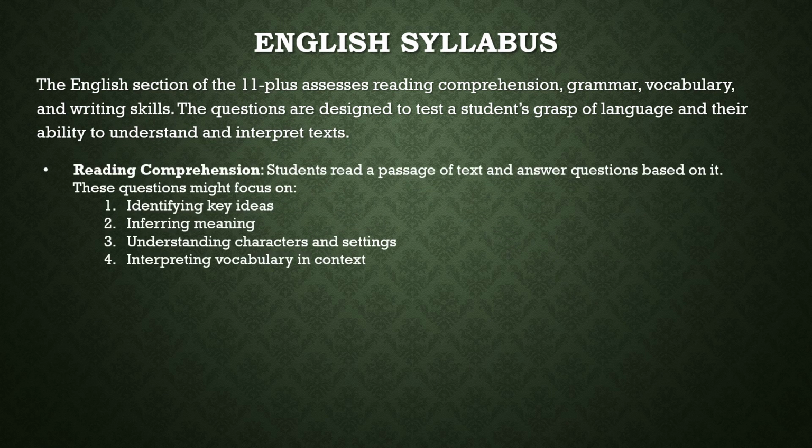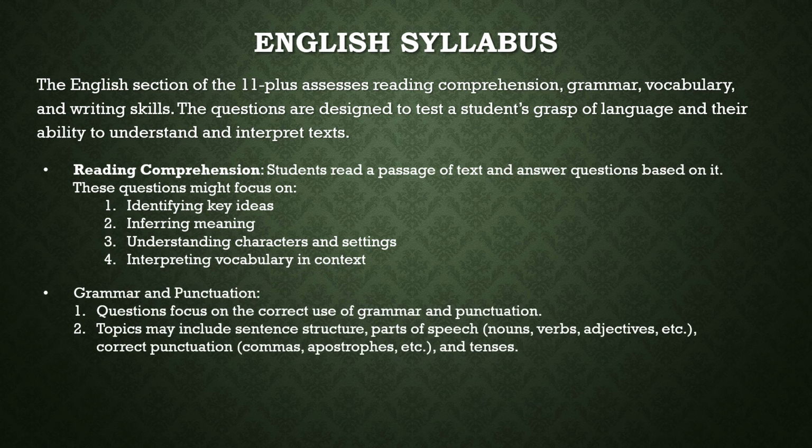The very first one is reading comprehension, wherein students read a passage of text and answer questions based on it. These questions may focus on identifying key ideas, inferring meaning, understanding the characters and settings, and interpreting vocab in context.